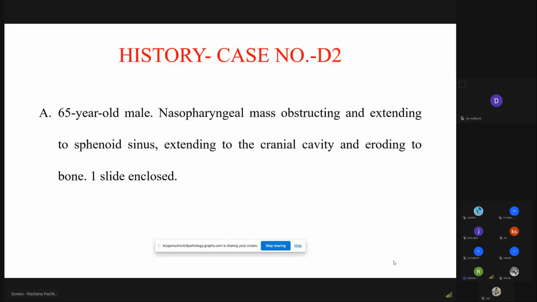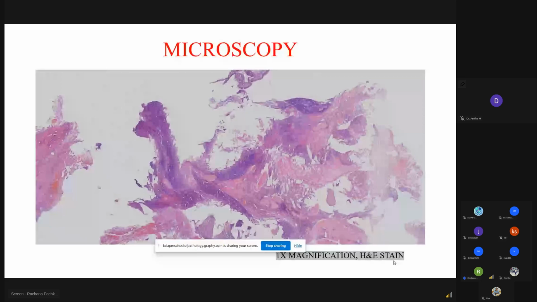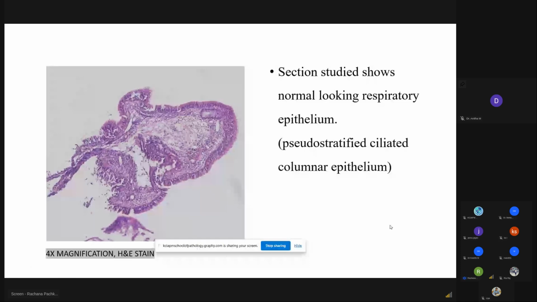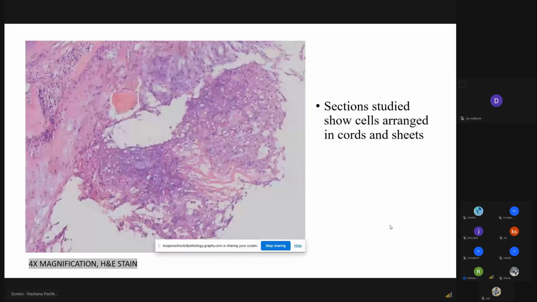So my case number is D2, case A, 65-year-old male, nasopharyngeal mass obstructing and extending to the sphenoid sinus, extending to the cranial cavity and eroding the bone. One slide enclosed. This is the scanner view. We can see the respiratory epithelium. The section shows normal-looking respiratory epithelium, that is pseudostratified ciliated columnar epithelium. In this section, the cells are arranged in cords and sheets.